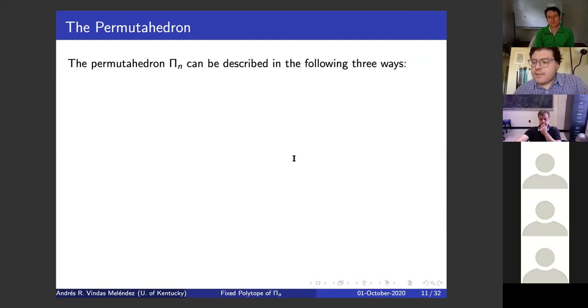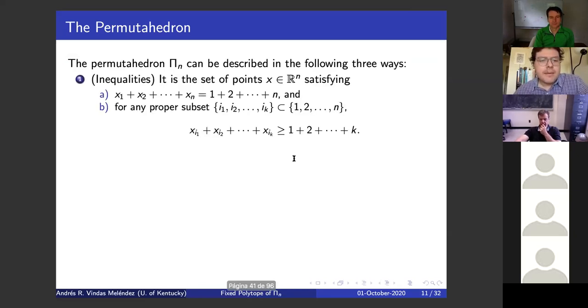And so I want us to spend a little bit of time saying, how can we describe this n-permutahedron, okay? I told you that a polytope is a convex hull of finitely many points. Well, we have the description I gave you before: the permutahedron is the convex hull of all permutations of 1 through n, which end up being the vertices.